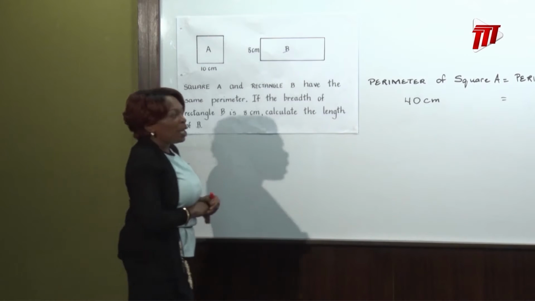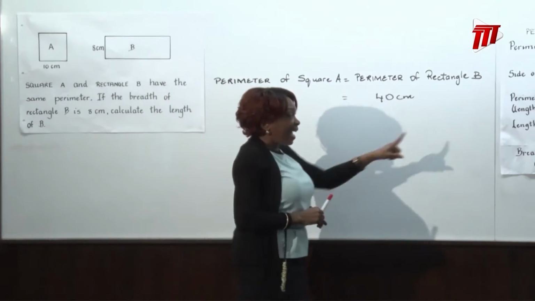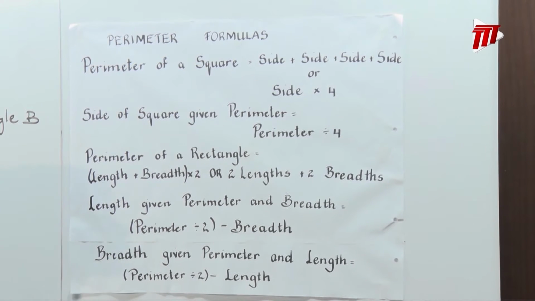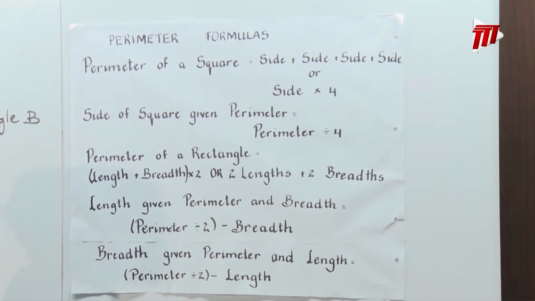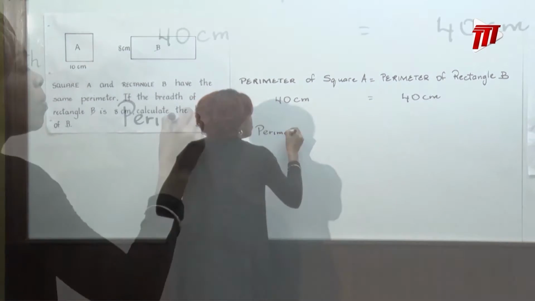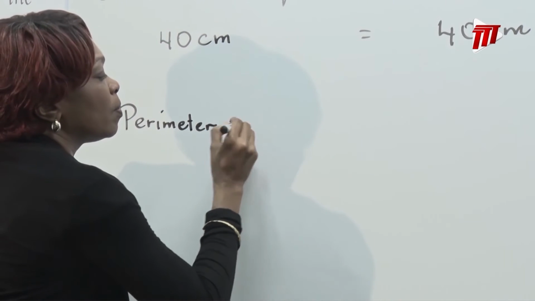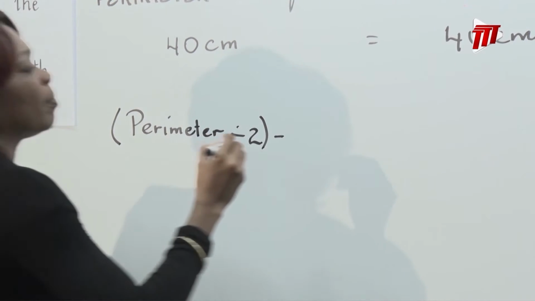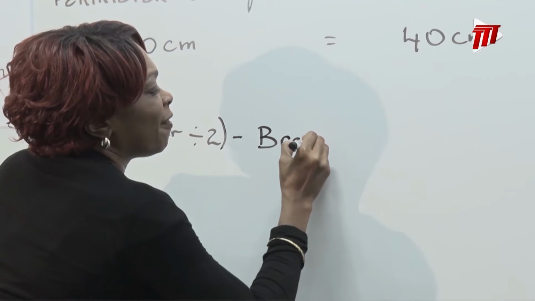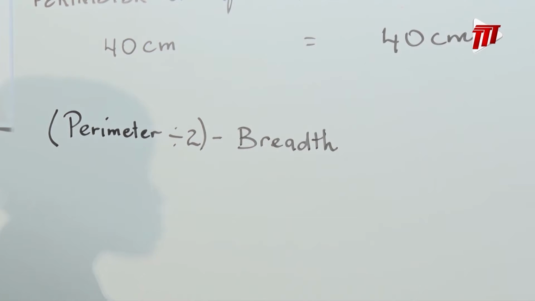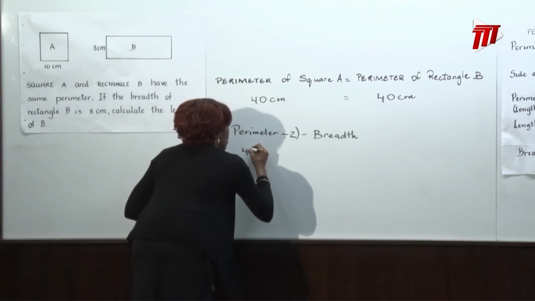Let's look at the formula now. To find the length given perimeter and breadth, what do we say? Perimeter divided by 2, take away breadth. Children, are you seeing that? All right, so let's write out the rule. Which one is missing? We are finding the length. What is the perimeter? 40 centimeters.